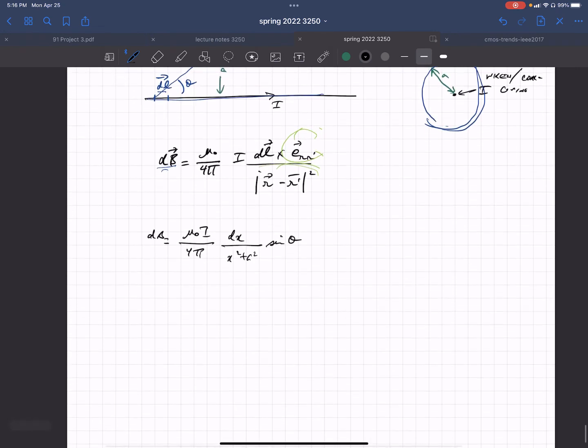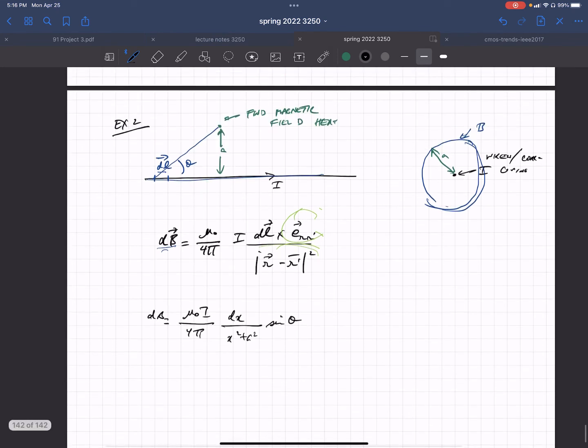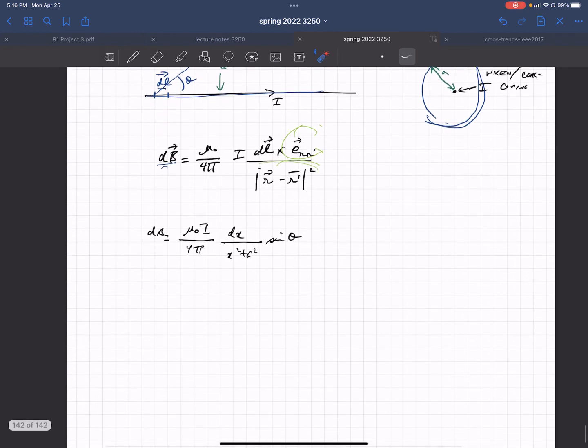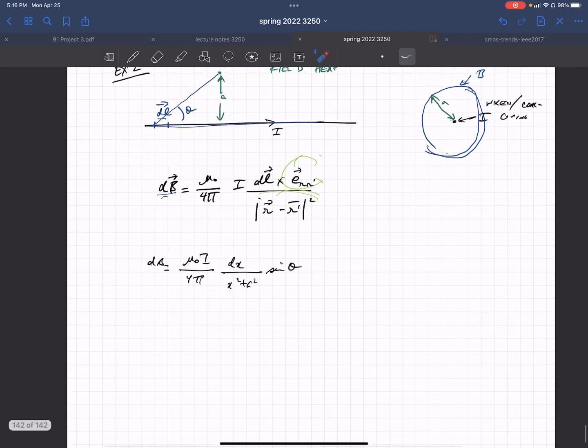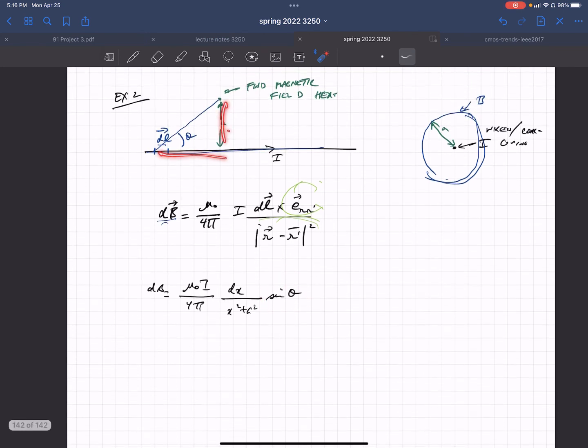So I'm not going to go into the details too closely, just remembering what we're doing: in this case, we're taking these small lengths and figuring out what the magnetic field component is for something sitting here at the distance a, and then we're going to integrate over all the segments. And then we're going to basically replace sine of theta with the distances involved.